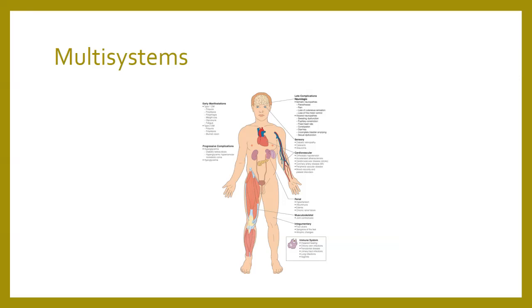Those would be sulfonylureas, meglitinides, beta blockers, salicylates, anabolic steroids, MAOIs, and alcohol, because this is going to make the hypoglycemic effect of insulin worse.